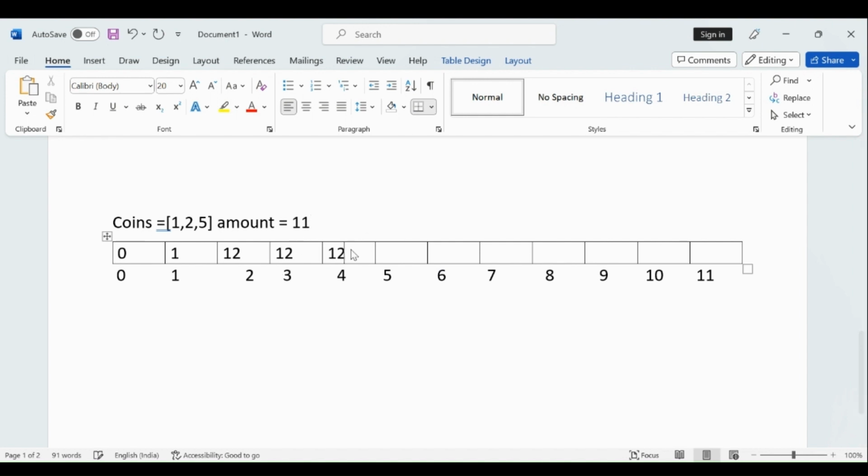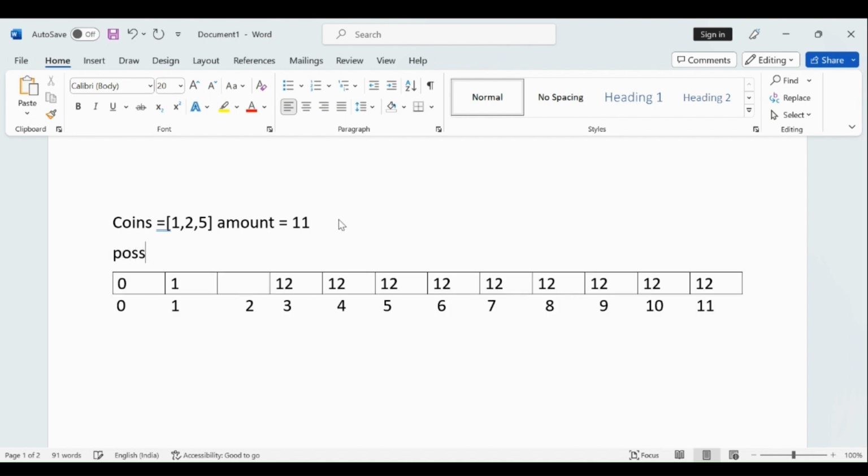So let's fill this with 12. Now let's name this array possibility.